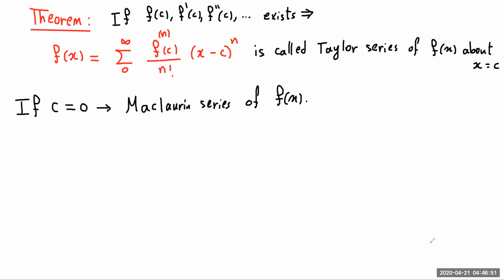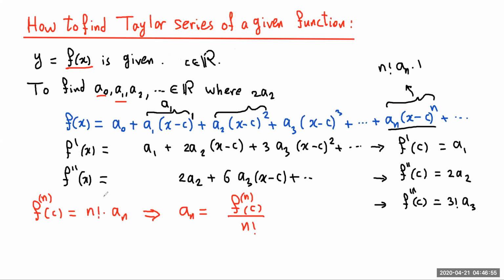Why? Because if I go back to here, so in the end, after finding all of that, let's write in blue, in the end f(x) equals, what is a0? A0 is f at the number c. If I calculate f at c, all of these terms, a1 times 0, a2 times 0, so it's a0. A0 is f(c).